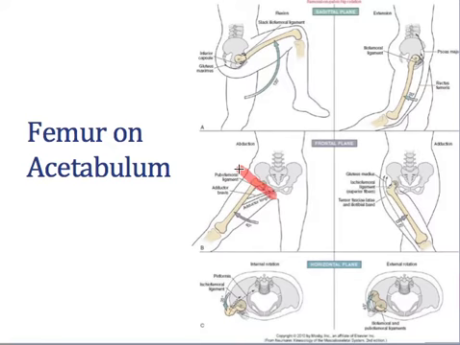So right here, inferior glide of that femoral head. If we see adduction, we're going to get a superior glide of that femoral head. Okay, long axis, superior glide.